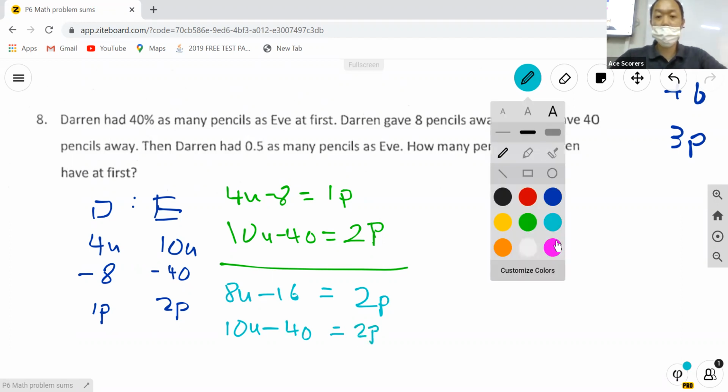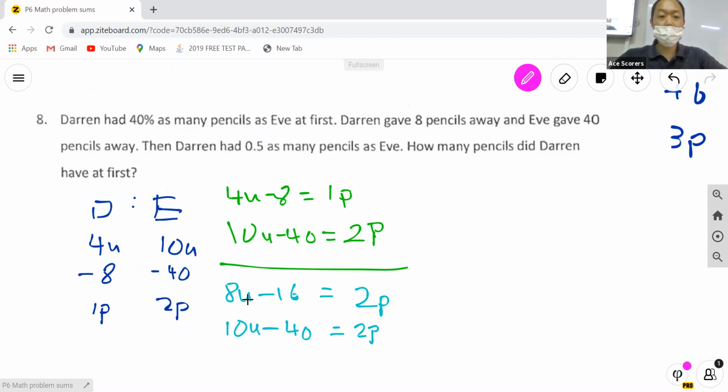So once we're done with this, big minus small again, b minus s. So 2u equals to, now here's a tricky one. Which one is bigger? Is it minus 16 or minus 40? Minus 16. Very good, right? Because if you owe $16, it's better than you owe 40.